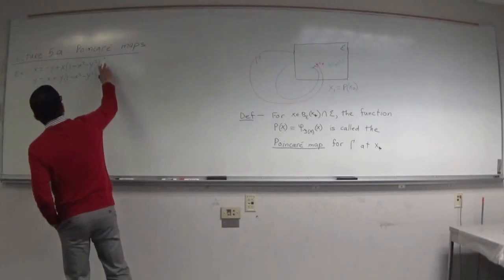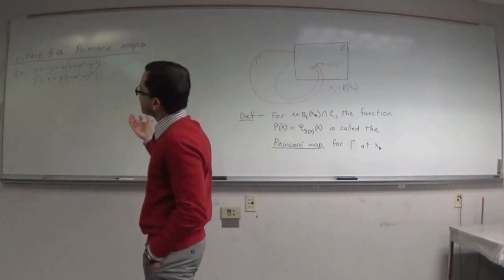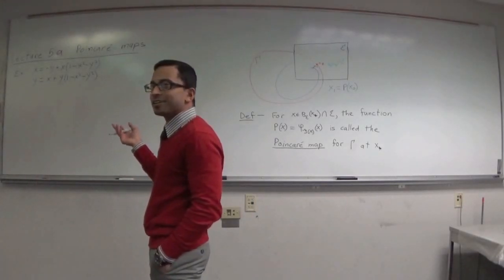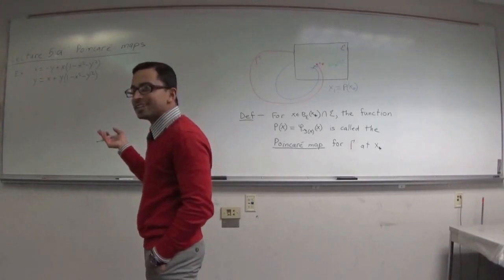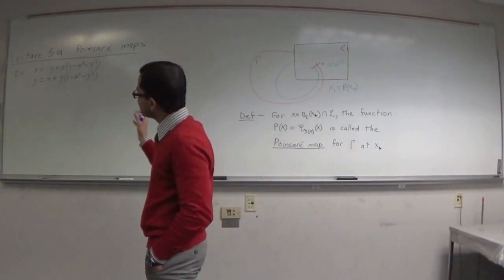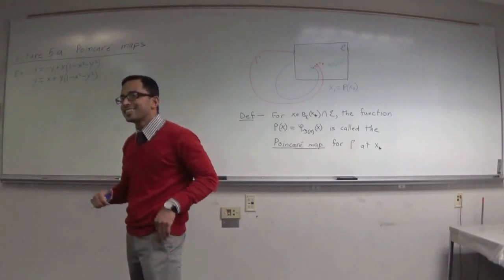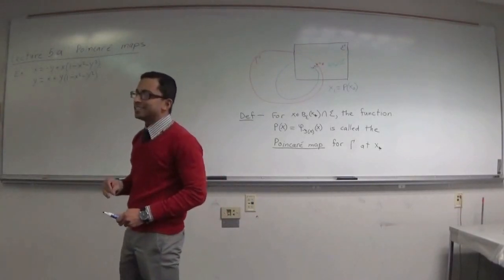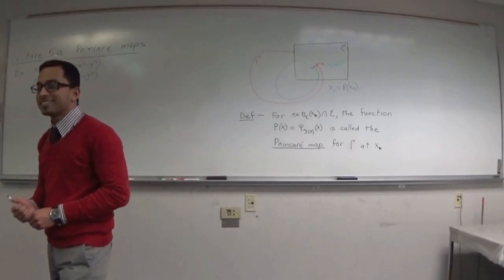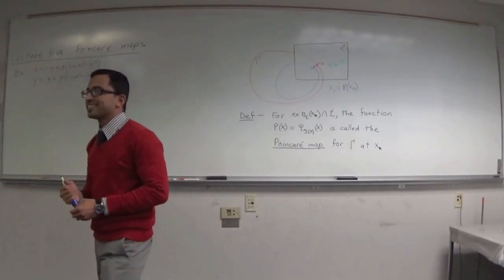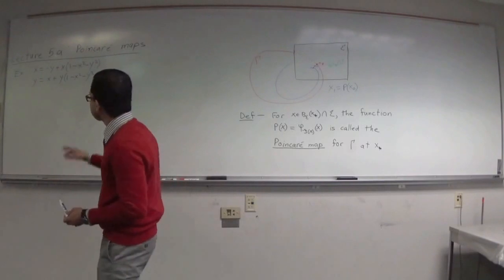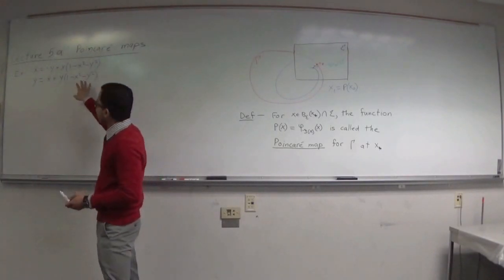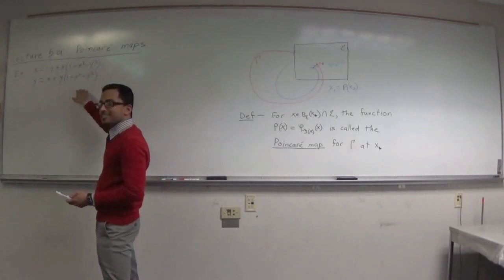But we have this, and it's kind of difficult to see where a periodic orbit would be. So any ideas? Do we see anything that we can do to this to make it easy to find the periodic orbit? There are some things here that should give you a hint.